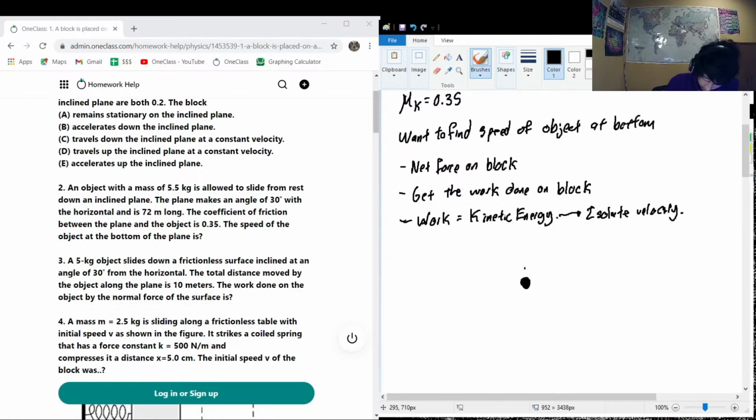So we know that we have our gravitational force, and our line of action is like this. So we have 30 degrees.